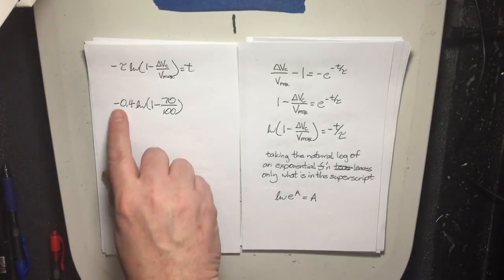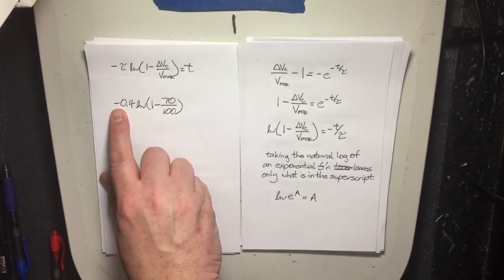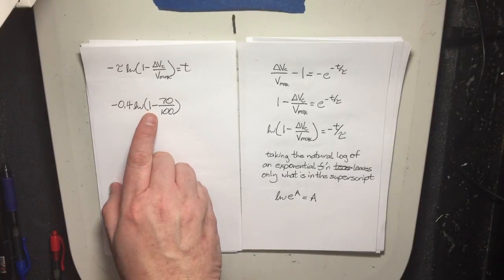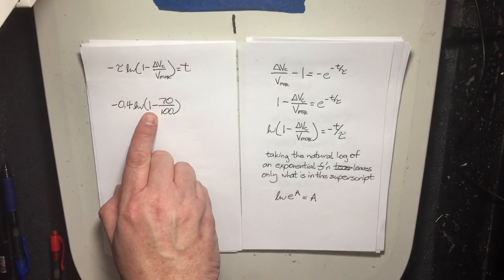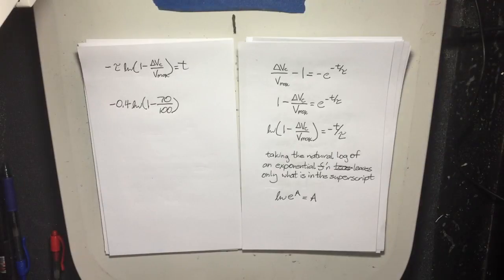Now, that should freak some people out that we may end up with negative time. But remember, when you take a natural log of something that's between 0 and 1, you get a negative number. So those negative signs will cancel.